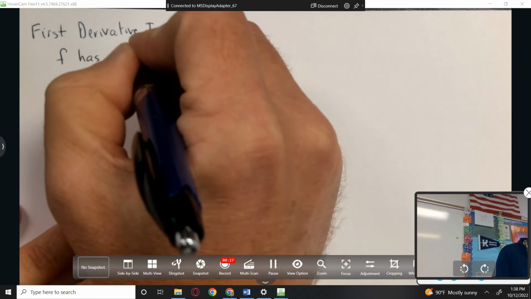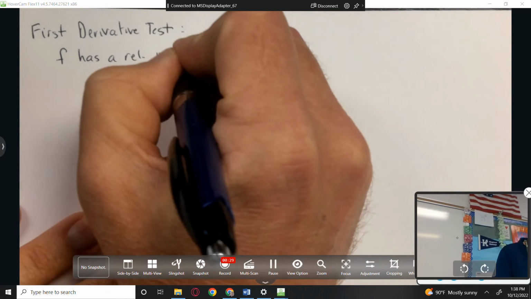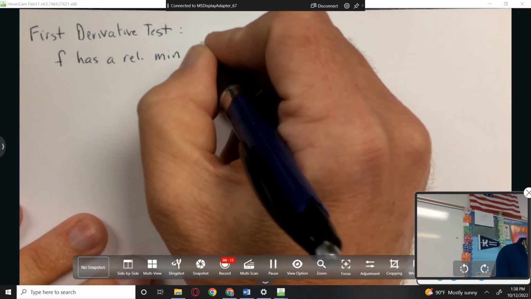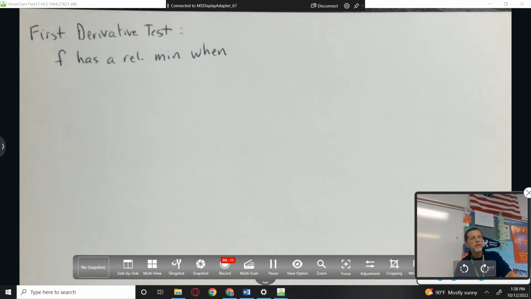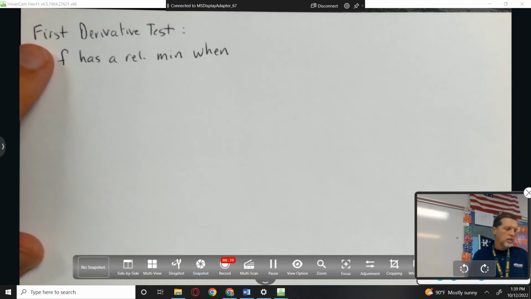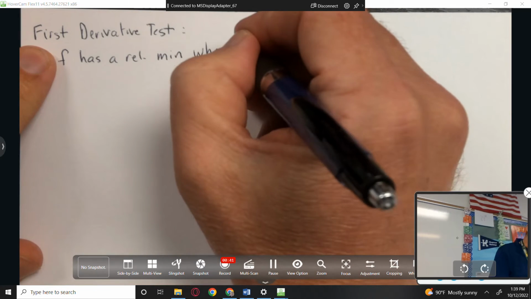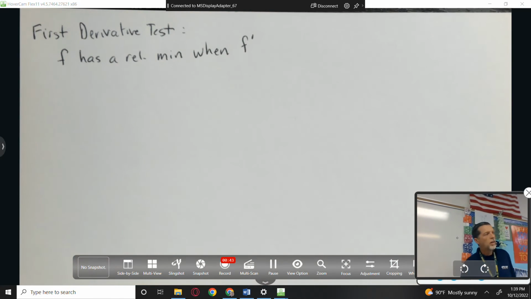F has a relative minimum when F prime... So I probably need to say something about the first derivative. Do you remember how to complete that sentence?